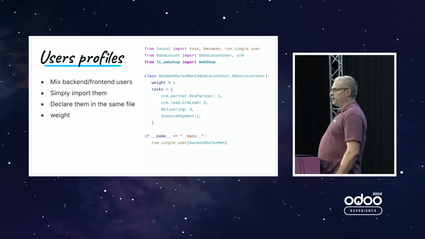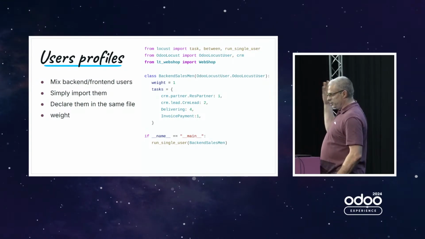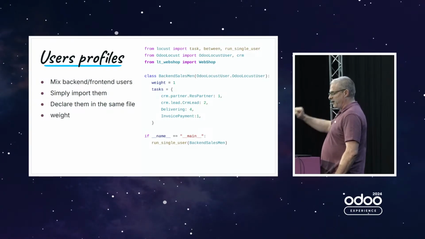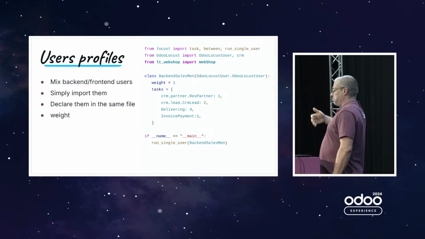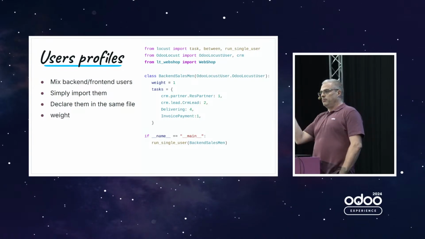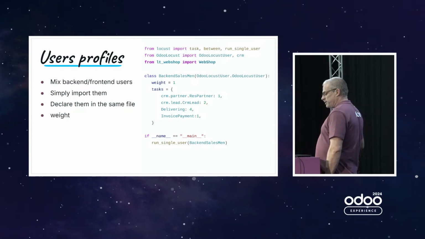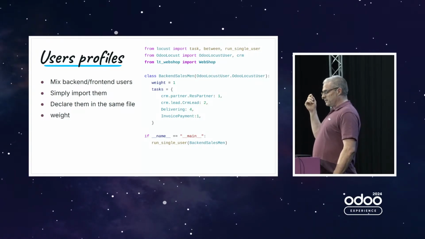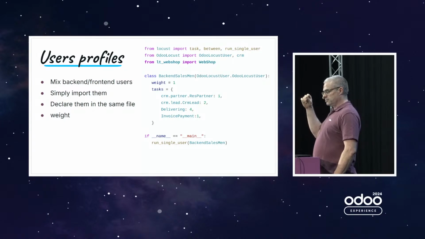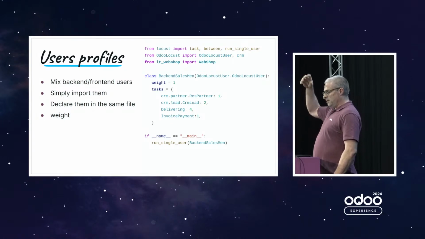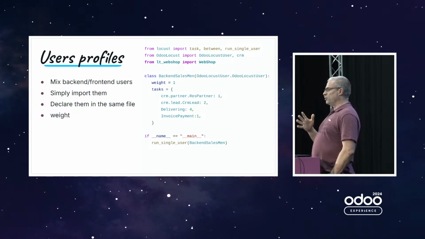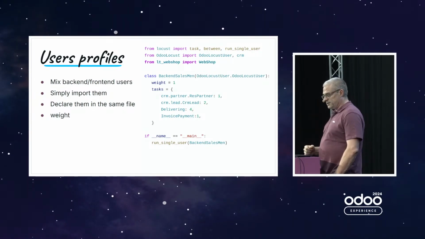I've said earlier that we can test multiple user profiles, and we have written a file with a front-end user and a file with a back-end user. You can even have multiple back-end users, multiple files with front-end users or whatever. The simple fact of importing a profile in another profile file will make Locust able to use them during the load test.